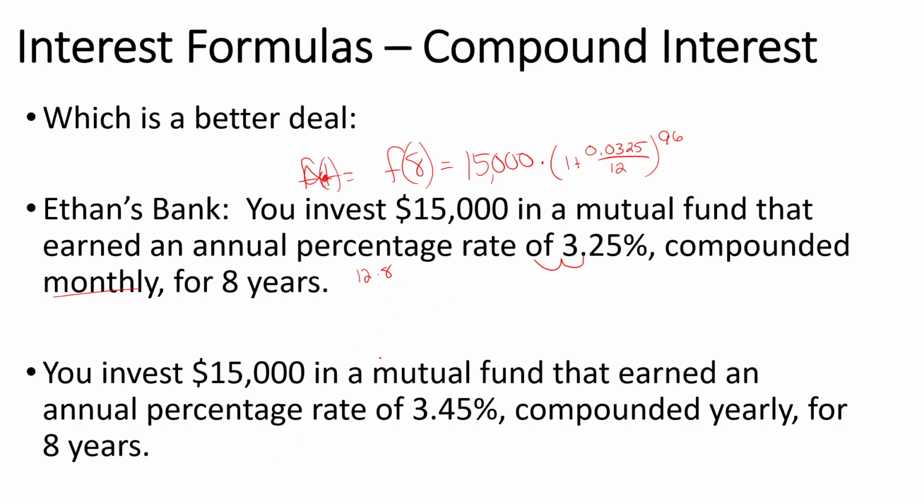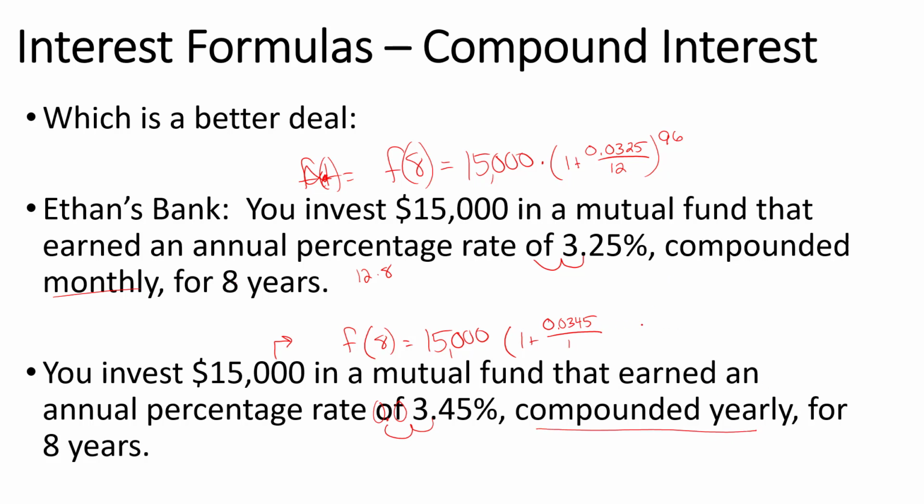All right, now down in our bottom one, I'm going to write the formula above the problem. So f of 8 years is equal to 15,000 times 1 plus, and we want to know our rate as a decimal, so move it over 2 places, 0.0345 divided by, well, now we're compounding yearly.